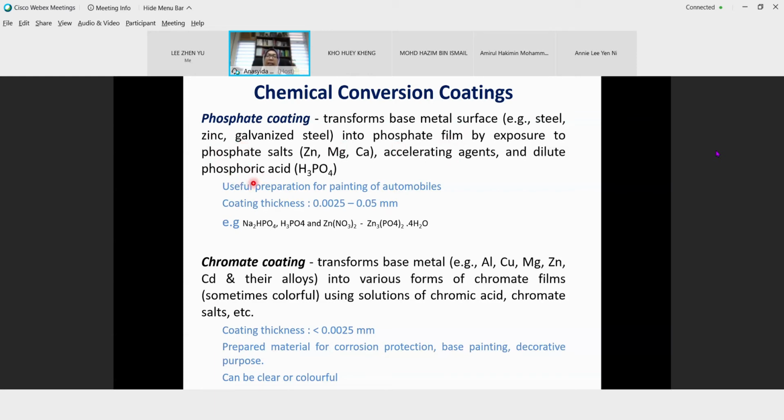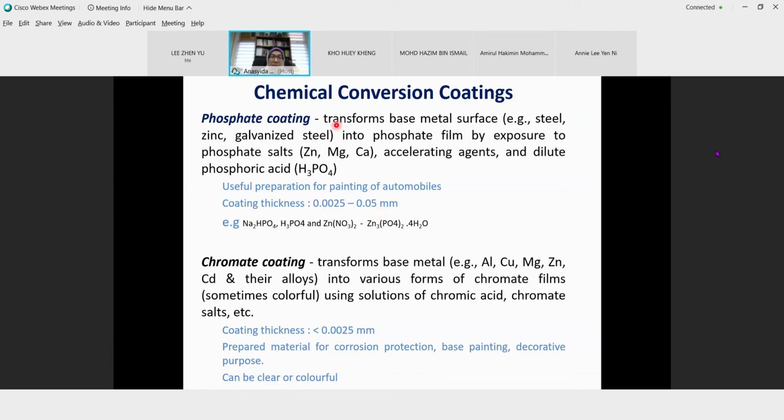So this is an example of how you coat zinc phosphate. We use these chemicals: sodium phosphate, hydrofluoric acid, and zinc nitrate. Zinc nitrate becomes a source of zinc, and this one becomes a source of phosphate. The coating thickness is around 0.025 to 0.05.